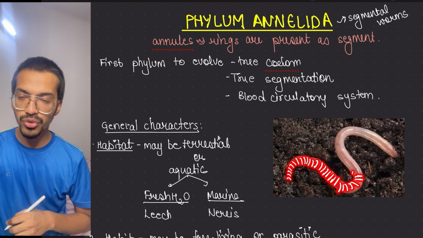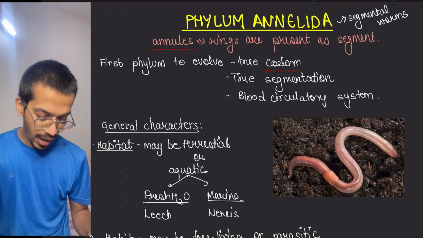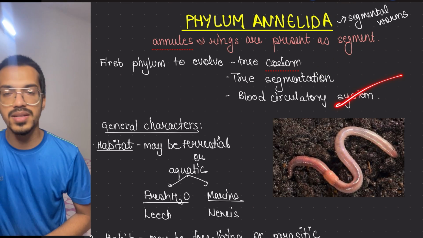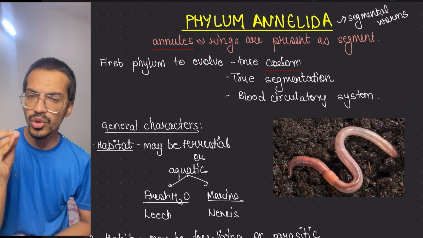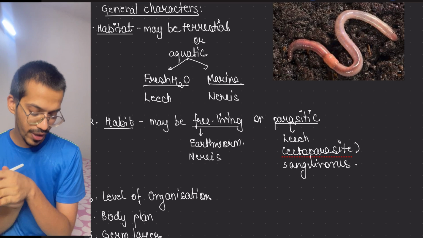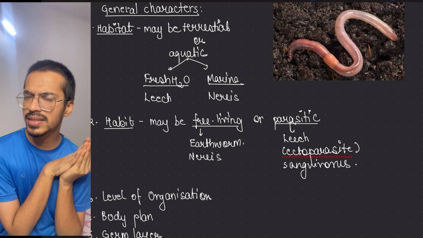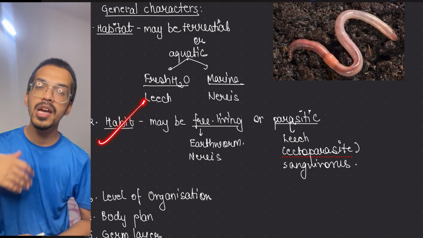Now this is the first phylum which has true coelom, true segmentation, and a blood circulatory system. Now the general features. Habitat: they could be terrestrial, they could be aquatic, freshwater also, marine also. Freshwater is the leech, marine is the nereis. Then habit: it may be free living or it can be parasitic.